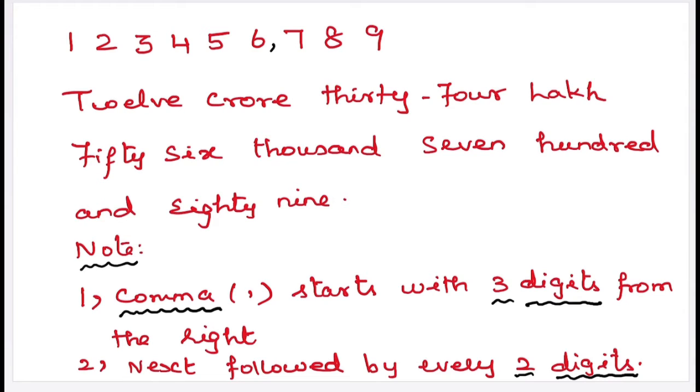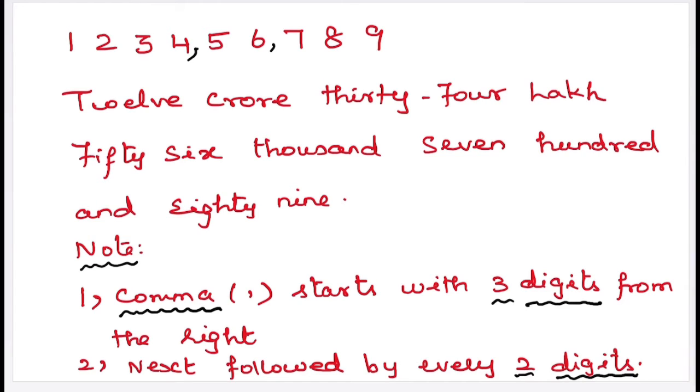Then for every 2 digits, we use a comma after the hundreds place, till it ends with 1 or 2 digits. Here in this example, a comma comes before 5. That is, we place a comma 2 digits from the hundreds place towards the left.